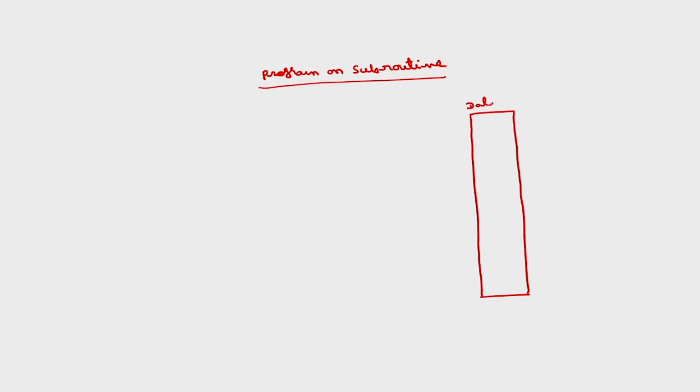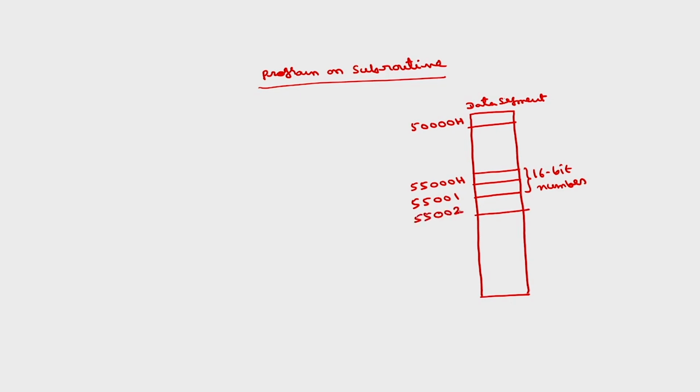This is the data segment, same address, say 50,000H, and let us assume that in 50,000H one 16-bit number is stored, in 50,000 and 50,001, and then in 50,002 the second 8-bit number is stored.